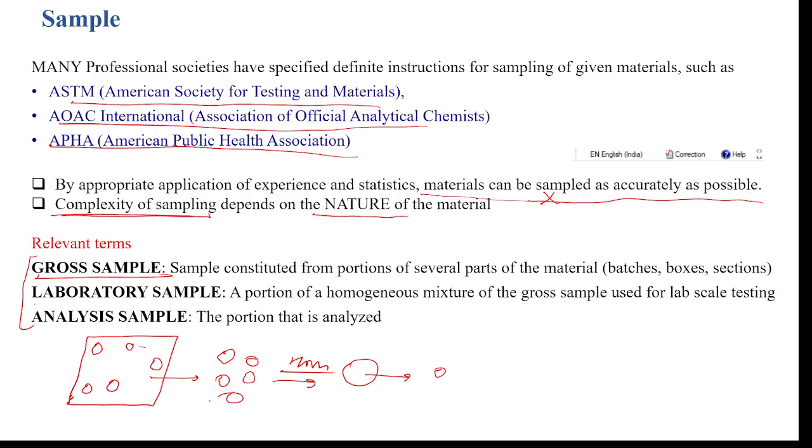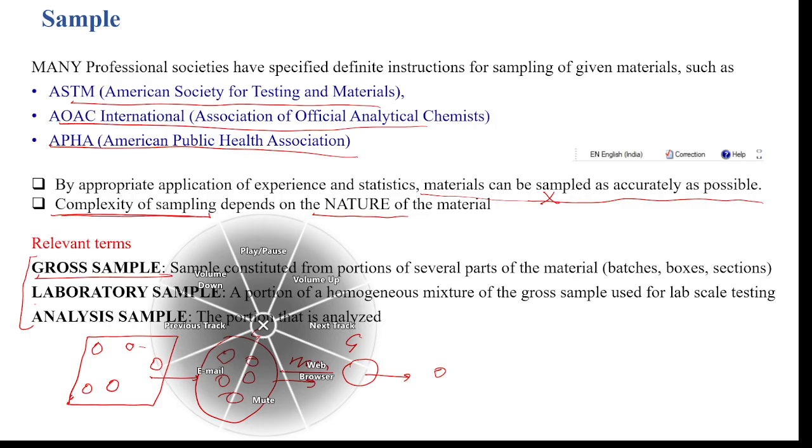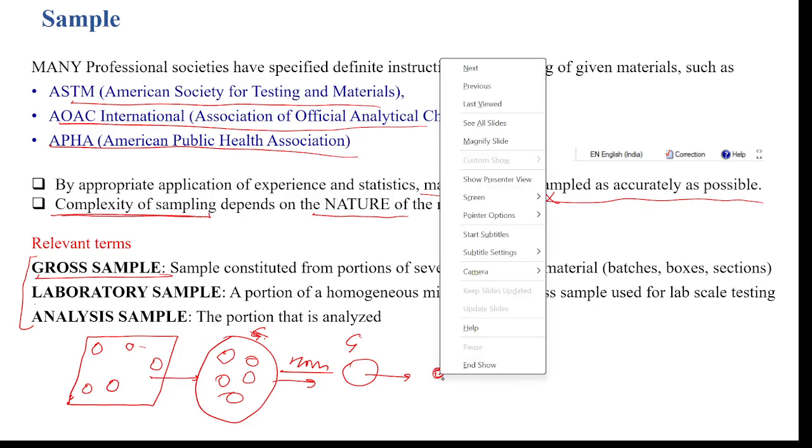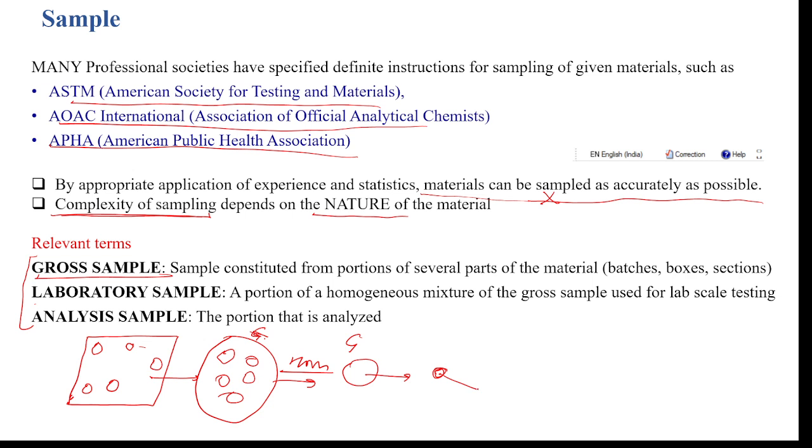So this part is the gross sample, this is not, this is just batches after mixing the batches. And in this gross sample you are going to take a very small amount, which is known as laboratory sample, and whatever you are going to identify inside the sample is known as analyte.